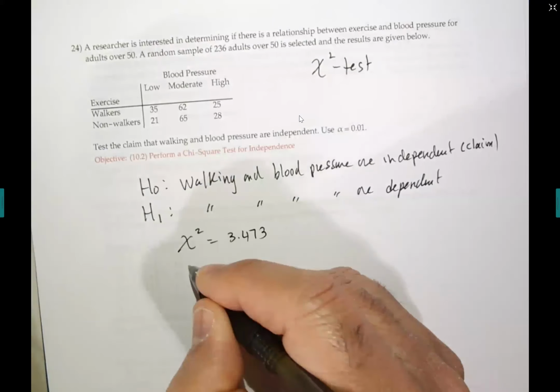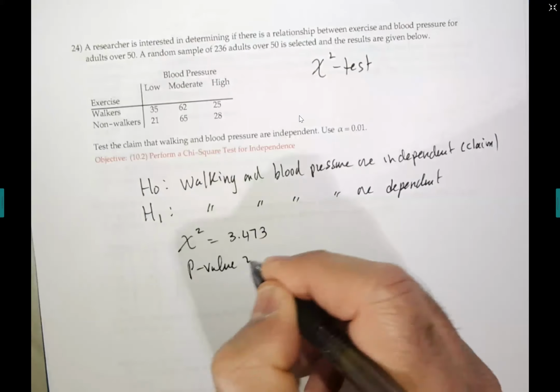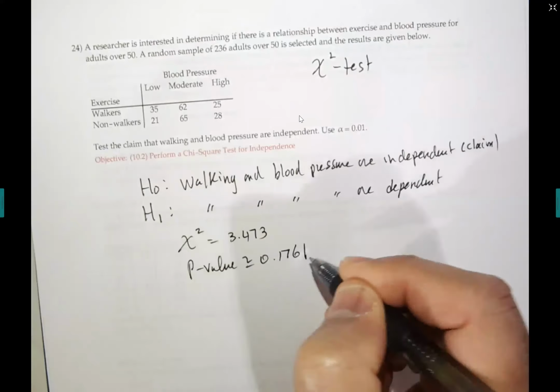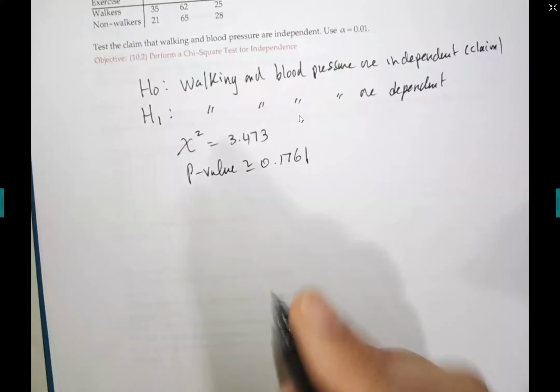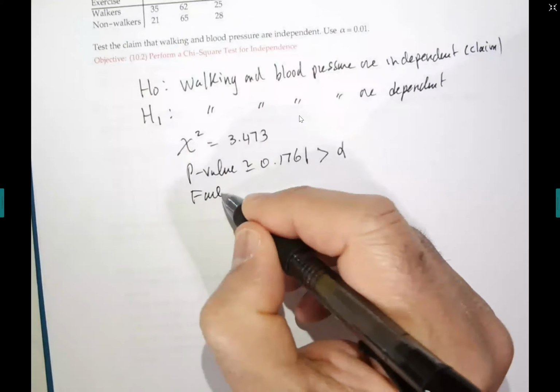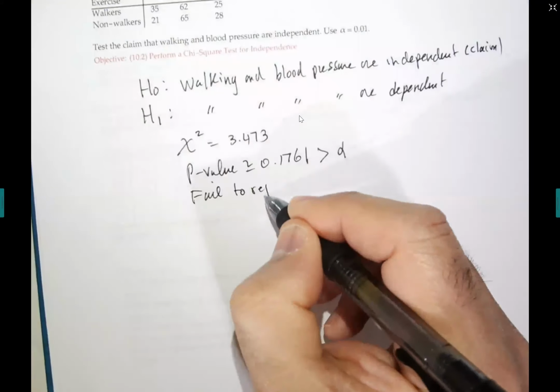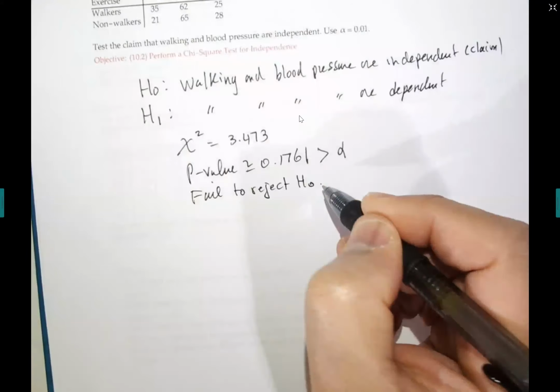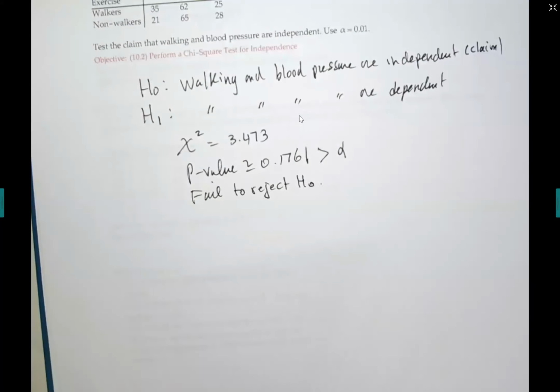And p-value, guys, there is no E here, so I'm not going to worry about it. 0.1761, which is more than alpha. Fail to reject H0. And you say there is not enough evidence at the 0.01 level of significance to reject the claim that walking and blood pressure are independent.